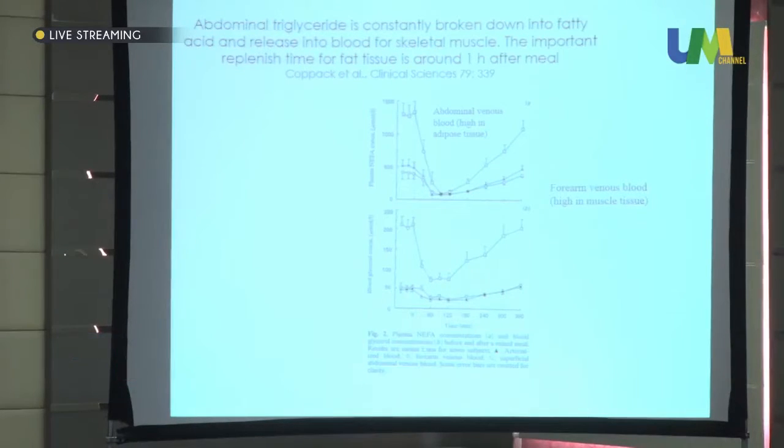Okay, let's look at the next evidence. This is another piece of evidence: the measurement of plasma fatty acid concentration from two different sites. If you look at the dashed line here on the left, the top is abdominal venous blood.